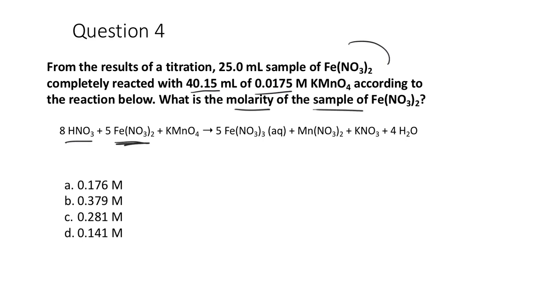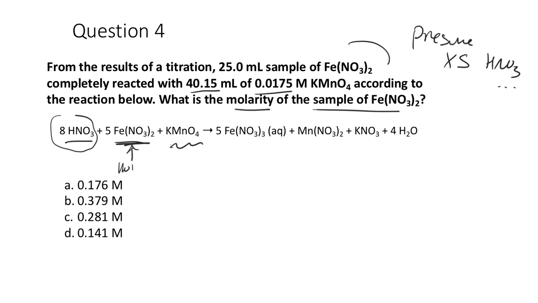What's the molarity of the sample of Fe(NO3)2? So we presumably have enough of this. We have so much of the KMnO4 that had to be added, so we should be able to figure out the moles of Fe(NO3)2 that were initially present.